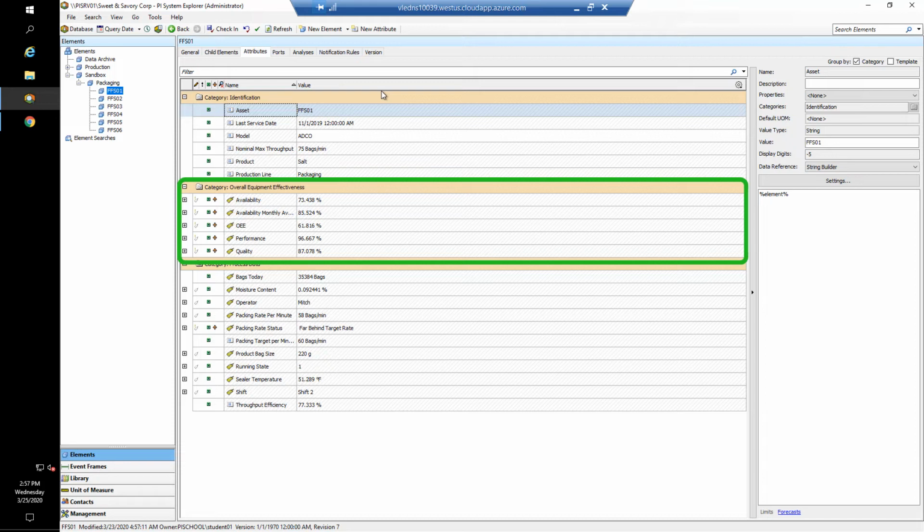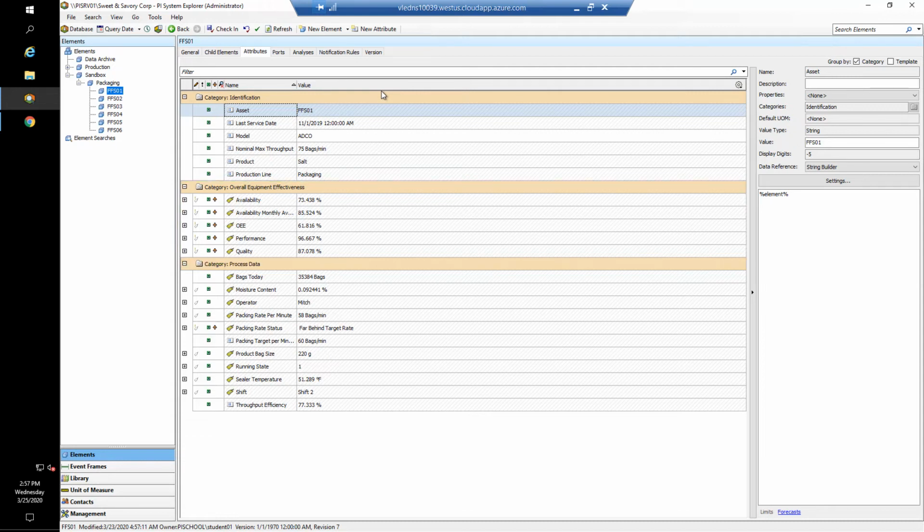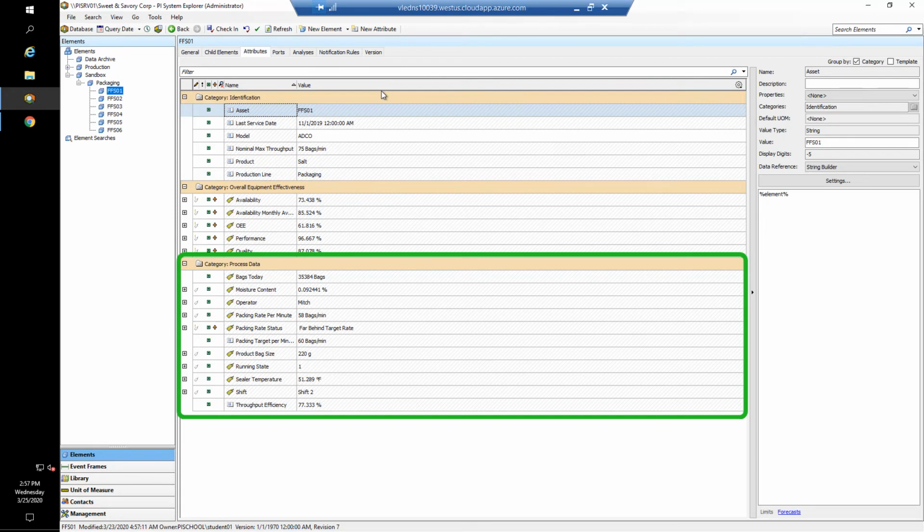It's not a solution that we hand out, but it is a great place to go and get some ideas on how to apply OEE in your environment. And then we've got some process data where we've got a totalizer coming from the control system. The operator in this instance is entered in an HMI before the operator can start up the machine. We're looking at maybe some packaging rate targets, what product size we're bagging, and then a bit of information about the sealer temperature.